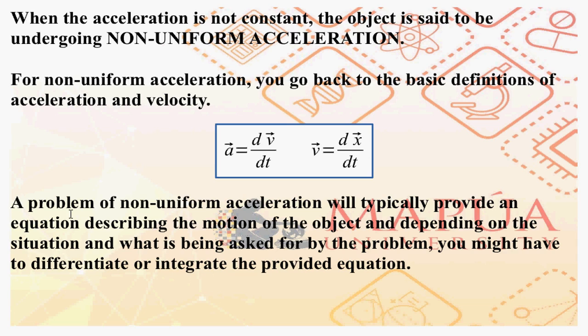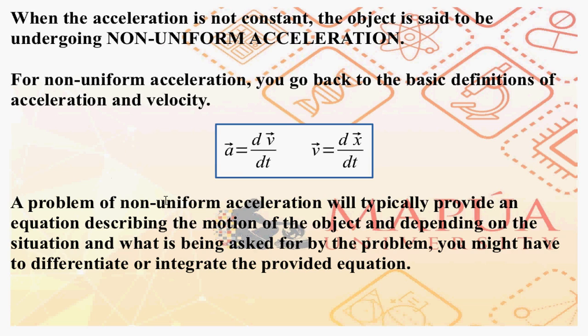Typically, a problem of non-uniform acceleration will provide an equation that is describing the motion of the object. This is one big difference between non-uniform acceleration and uniform acceleration. Both have non-zero acceleration. How do you distinguish them?